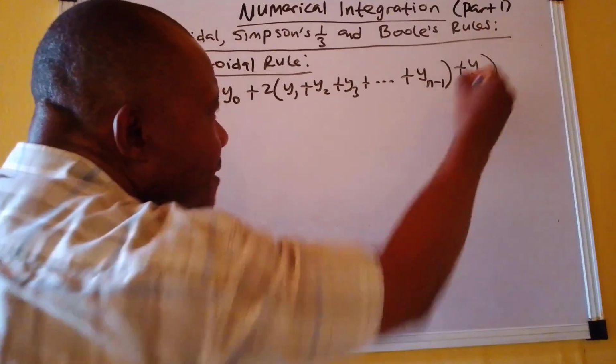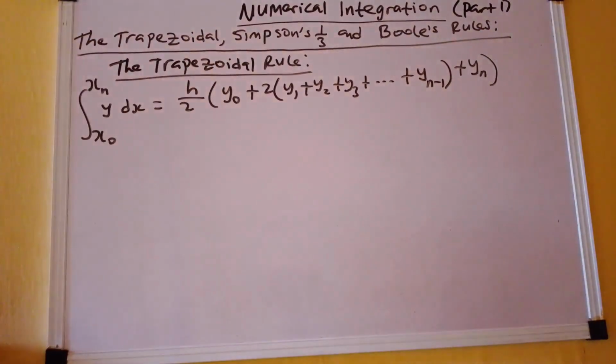This formula was derived from Newton's forward difference interpolation formula; when it was integrated and n was set to 1, we arrived at this trapezoidal rule.